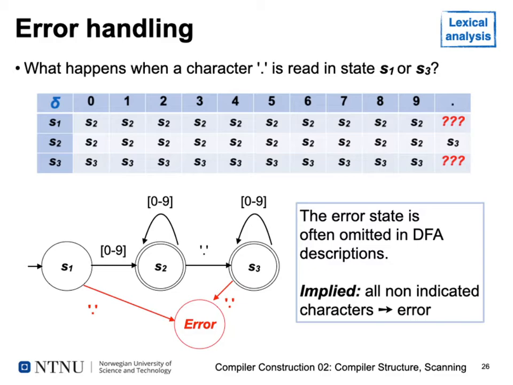So we cannot have a decimal number called 0.123 and we cannot have a decimal number called 1.23 something. The error state is often omitted in DFA descriptions to make this more simple. So only the valid transitions in your DFA are actually noted here. The invalid ones are implied. All non-indicated characters just lead to an error message here.